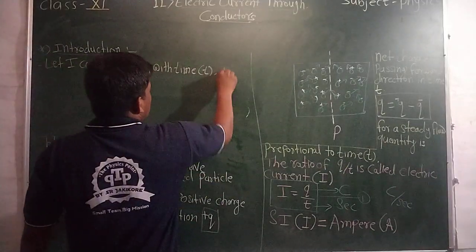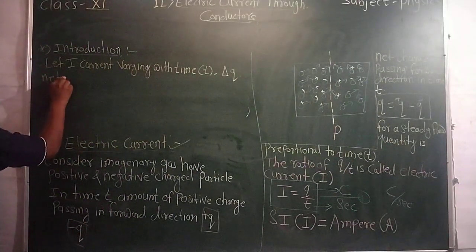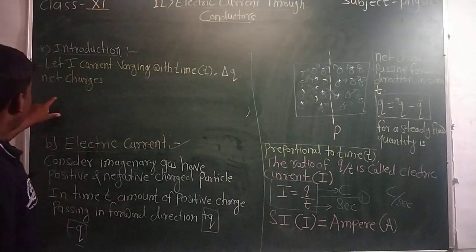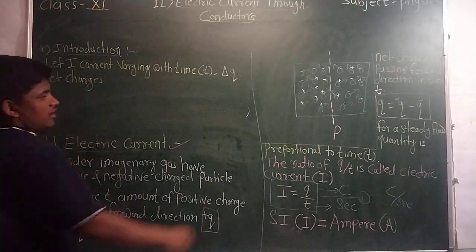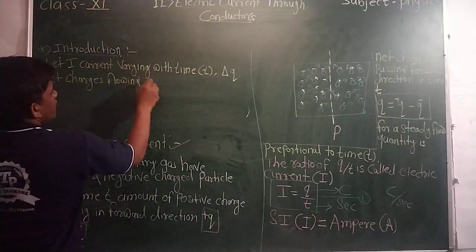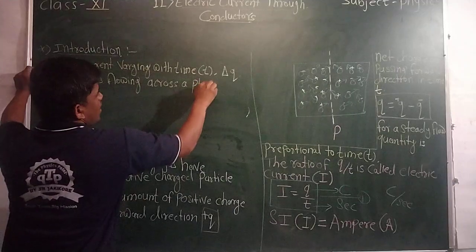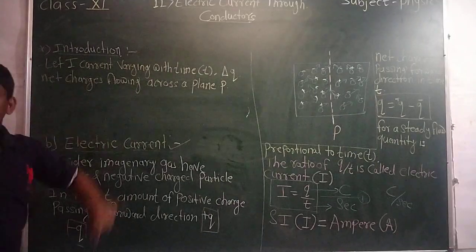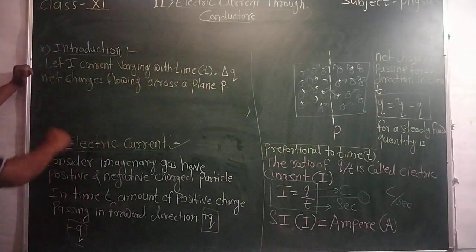Then delta q is the net charge passing or flowing across a plane P. Then delta t is the net time, and we calculate the current.